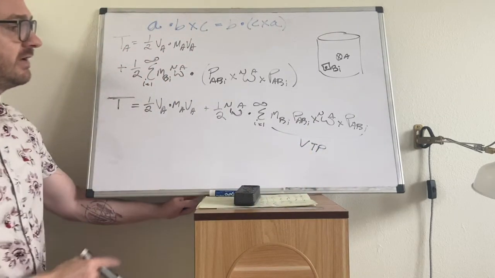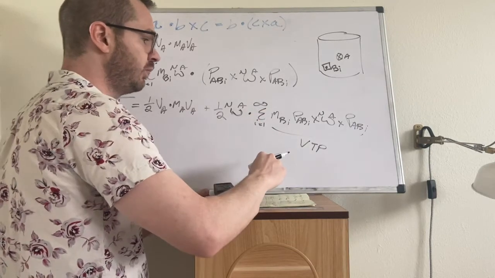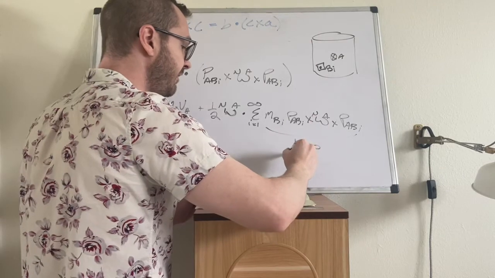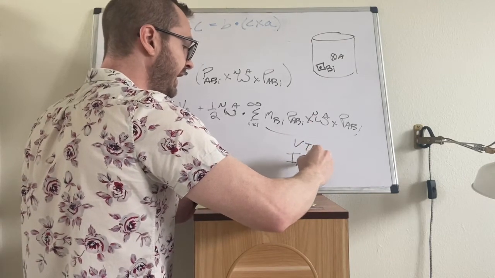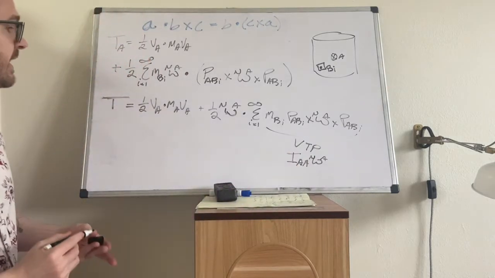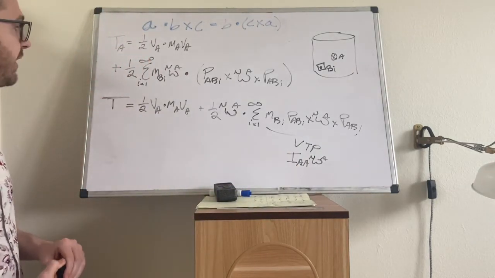But we've actually seen this exact expression before. We saw this when we derived angular momentum. This quantity is I_AA times omega_NA. So what happens to this whole expression when we put everything together?